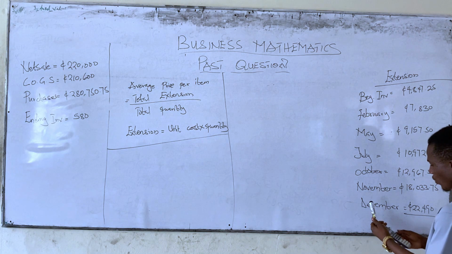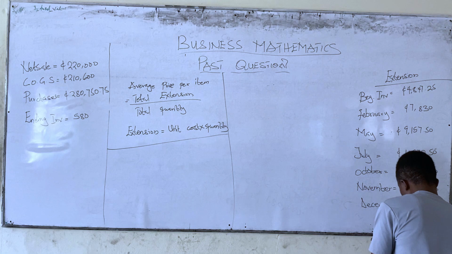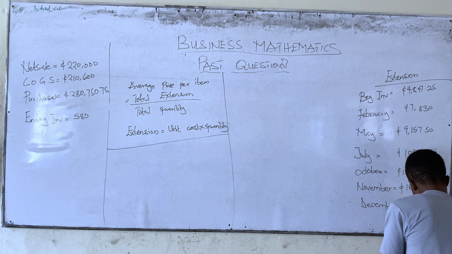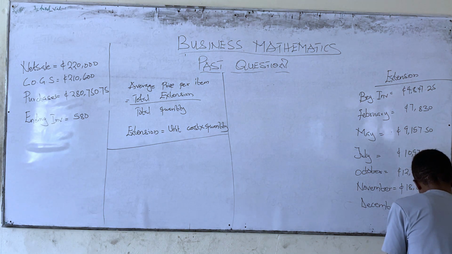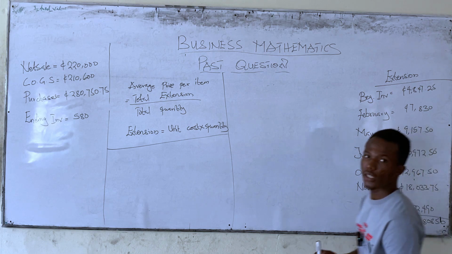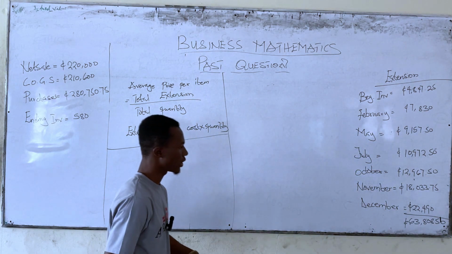At the end of the day, we have 63,808.50. So this is our total extension.